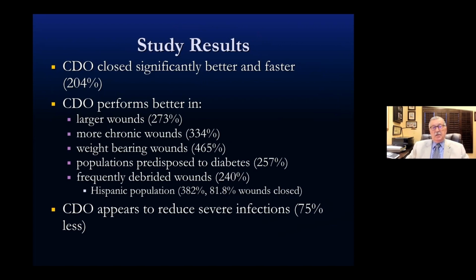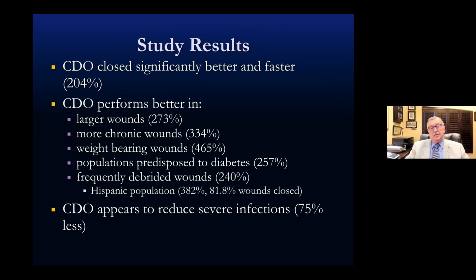The continuous delivery of oxygen significantly healed wounds better and faster, 204%. Some interesting observations beyond just the increased closure: it performed better in larger wounds, in more chronic wounds, in weight-bearing wounds, in populations predisposed to diabetes.